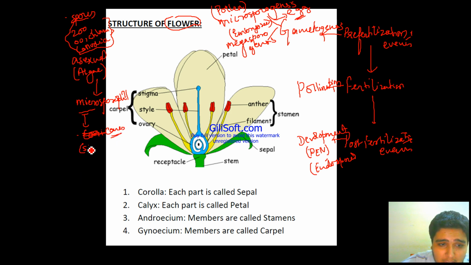Cones are also known as strobilus. So strobilus were these tiny little structures containing various leaflets. Structures like this. And it contained these leaflets. These leaflets were called microsporophylls.